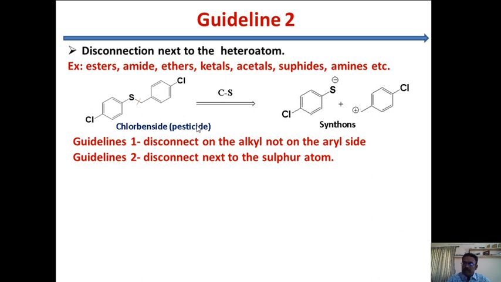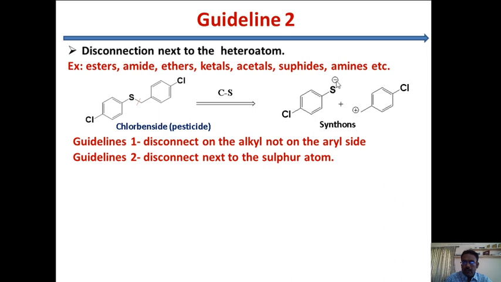After disconnecting the right bond, it is very easy to find the synthetic equivalents which you obtain for the synthons. Here these are the synthons, a nucleophile and an electrophile.